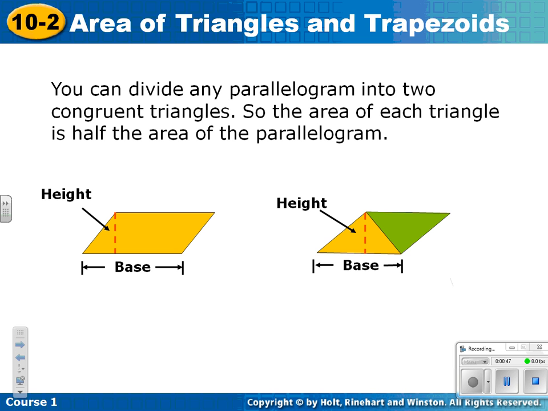Some of you might think that the yellow and green triangles are not congruent, but they are. They just happen to be flipped around. Congruent doesn't mean set the same way. Congruent means that they have the same length sides and the same size angles, okay? So these two triangles are congruent, just so you know.